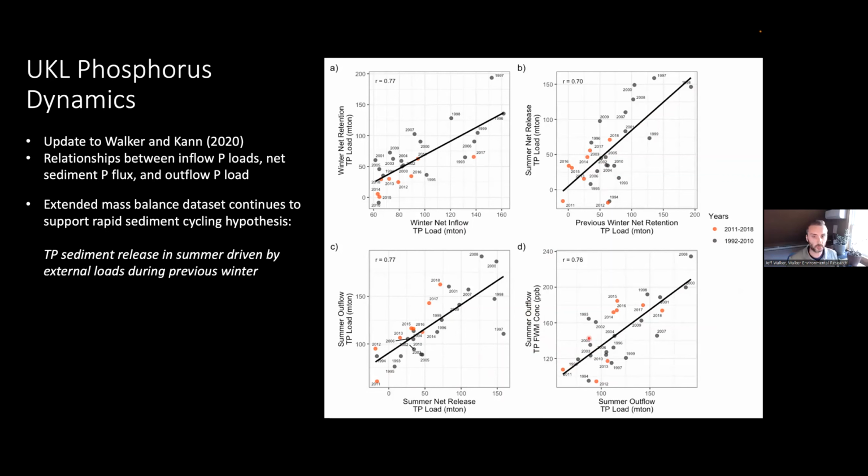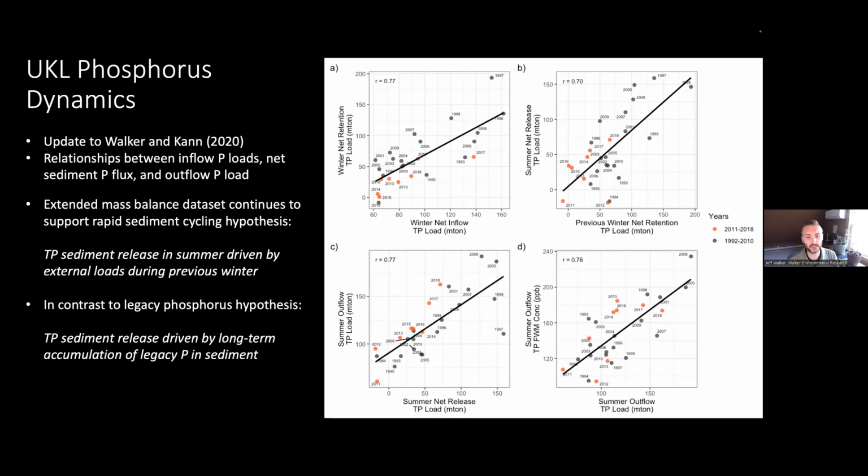basically provided support for what we call the rapid sediment cycling hypothesis, which is essentially that the phosphorus release in summer is driven in large part by the external loads that occurred during the previous winter. And this is in contrast to what we call the legacy phosphorus hypothesis, which is that sediment release during summer is driven less by what's happened recently and more by the long-term accumulation of legacy phosphorus in the sediment.